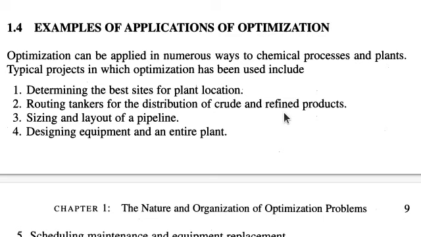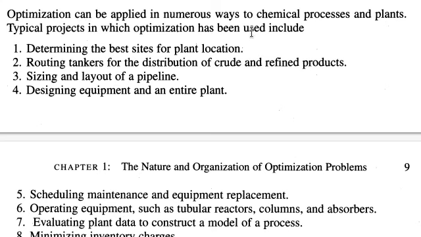We come to the examples or application of optimization. So optimization can be applied in numerous ways to chemical process and plants. Typical projects in which optimization has been used include determining the best site for plant location. So kind of transportation thing.